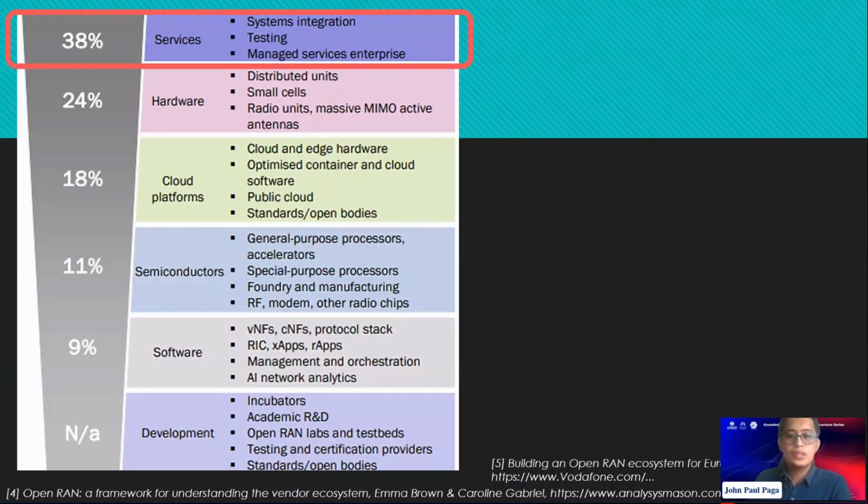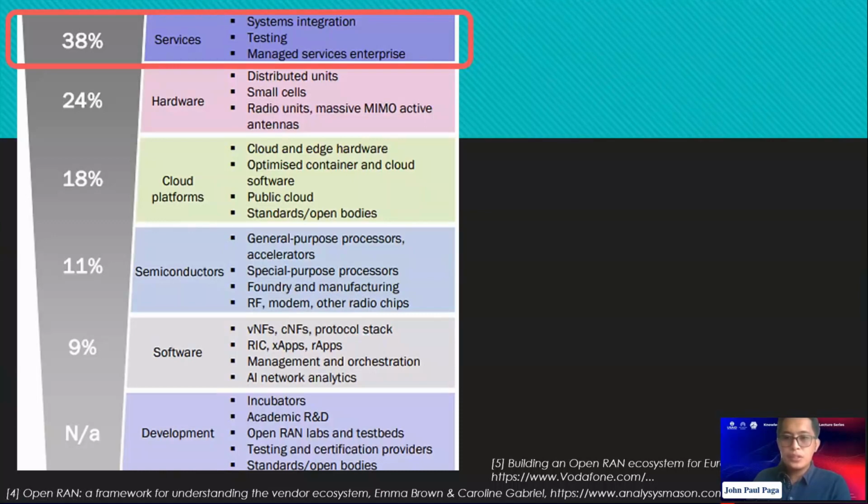Another thing I see here for Open RAN is that it also provides an avenue for the software security companies. Since we are opening the network, there are more points for intrusion, so we should also ramp up or beef up our security operations.